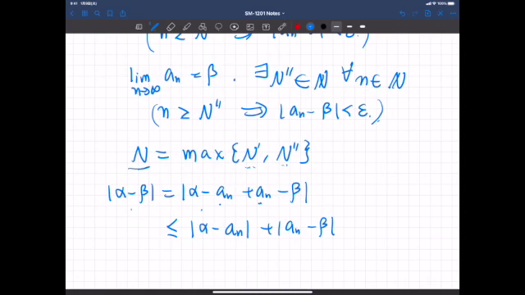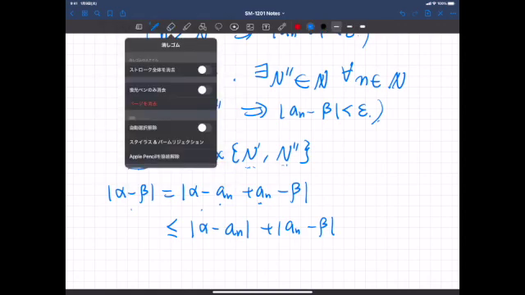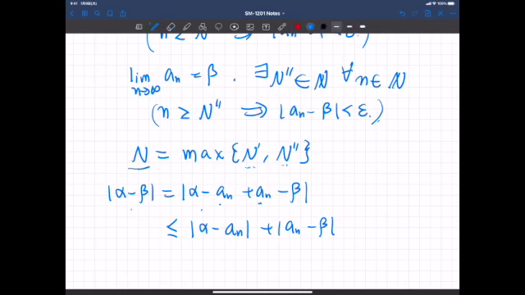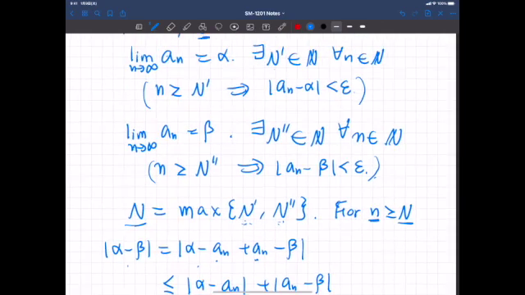Okay, so for any n greater than or equal to capital N, we have this. Since this lowercase n is greater than capital N, which is the greater of n prime or n double prime, the first term is less than epsilon because of this.